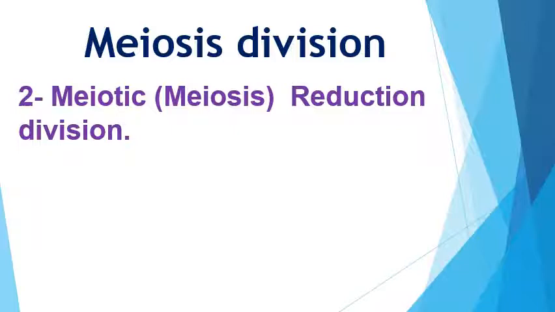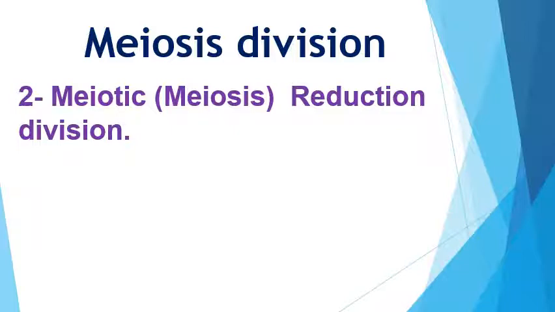Firstly, can you remember what's meant by mitosis division? Mitosis division takes place in somatic cells and produces two new cells. Each one contains the diploid number of chromosomes, and we said that diploid number of chromosomes means the complete number of chromosomes.